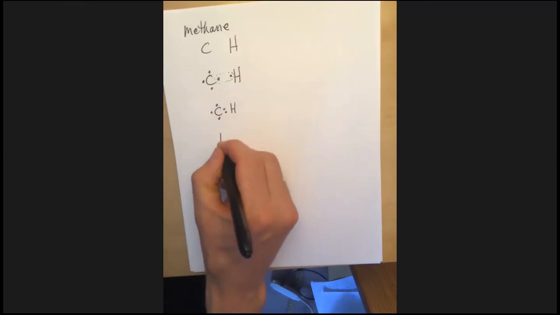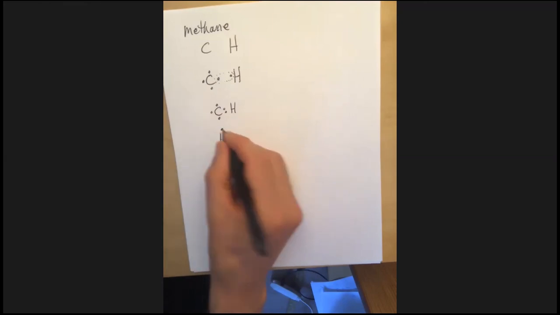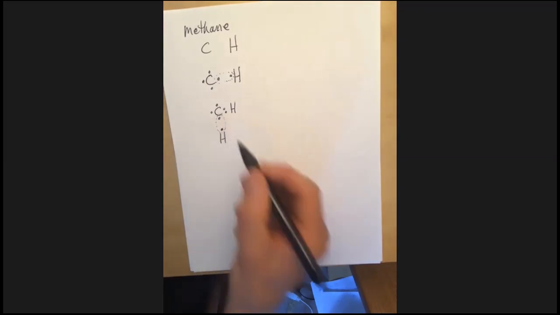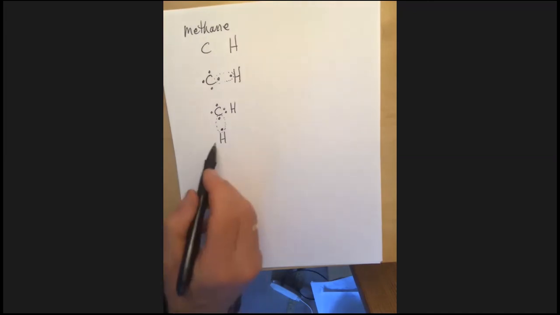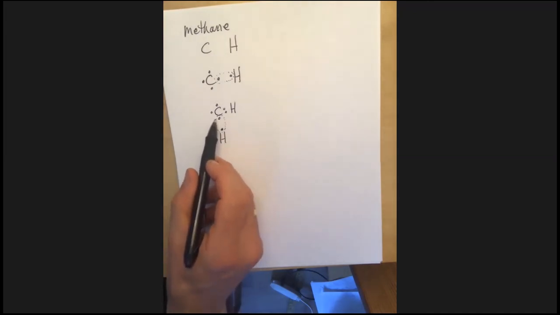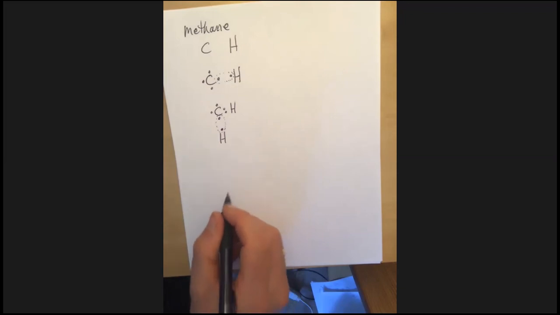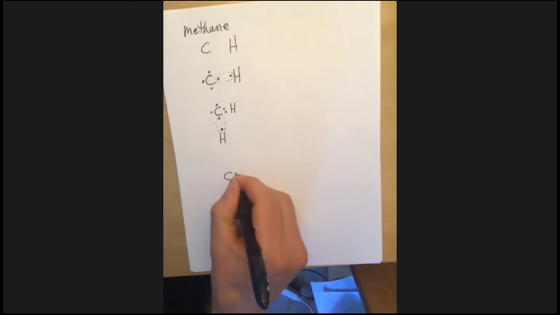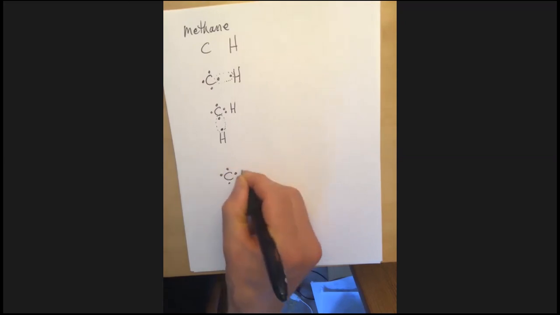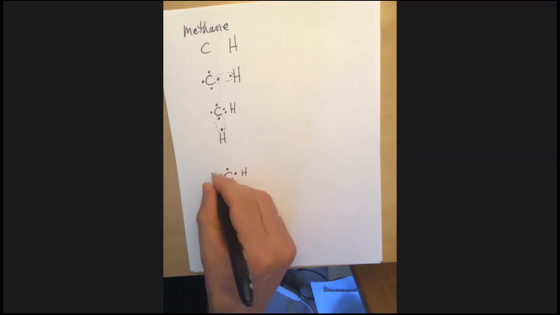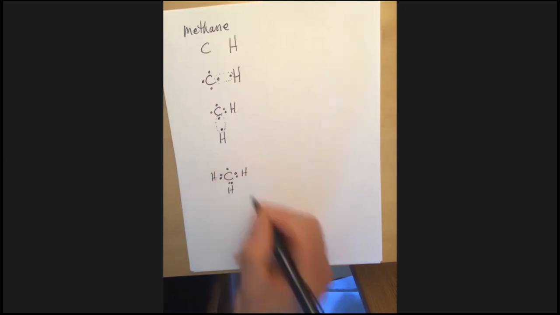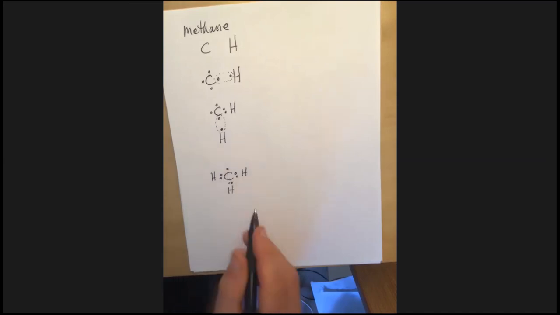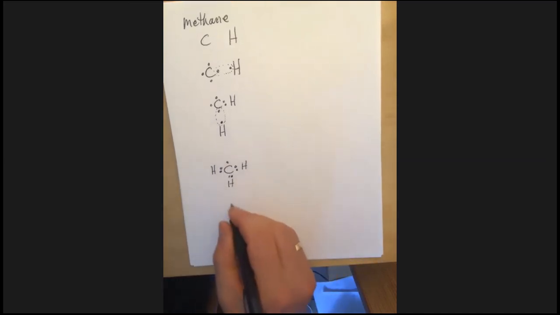So if I get another hydrogen, and I put its electron right there, and I bring it in close enough and share around it, now this hydrogen is perfectly stable, but the carbon will still be short 2 electrons. You can probably see where this is going. 1, 2, 3, 4, hydrogen, hydrogen, hydrogen. Still, all my hydrogens are satisfied. The carbon is feeling still a little unloved.